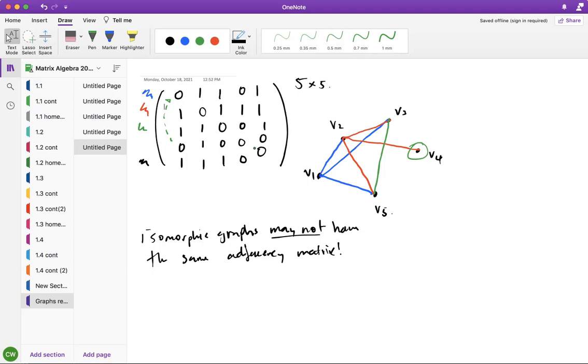Some things that must be true: the number of ones should be the same.